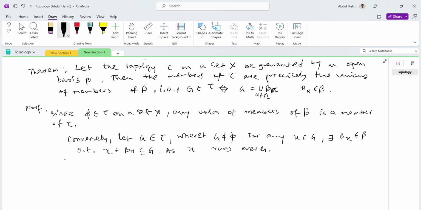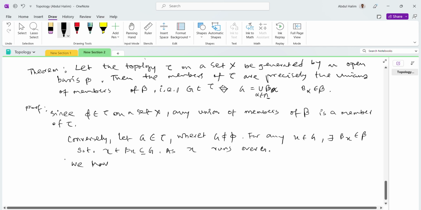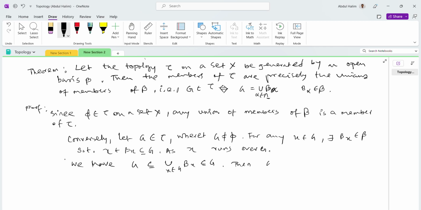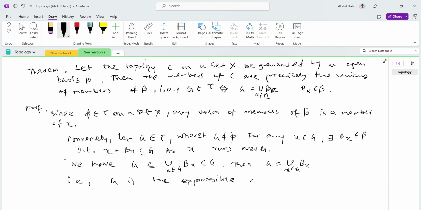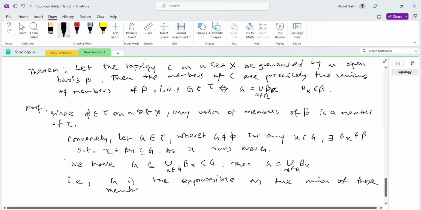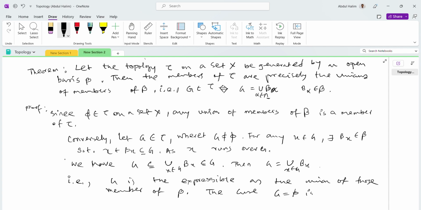For any X belonging to Z, there exists Bx belonging to beta such that X belongs to Bx, a subset of Z, as X runs over Z. We have the union of Bx over X belonging to Z is a subset of Z, then Z is equal to the union over X belonging to Z of Bx.